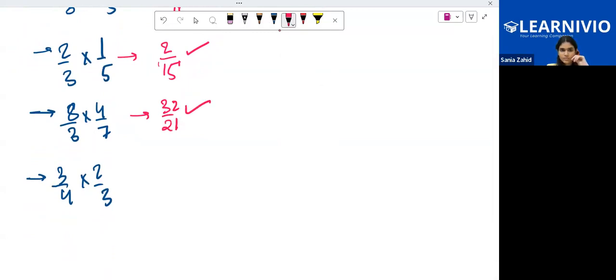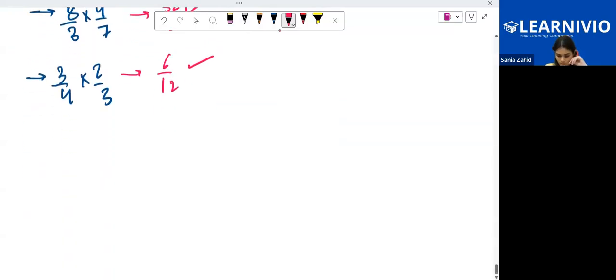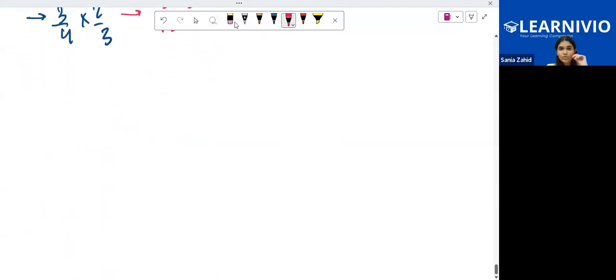Okay. 6/12. Very nice. Now we have further questions. Now you have to multiply and then you have to reduce in the simplest form also. That means you have to find what is the simplest form.